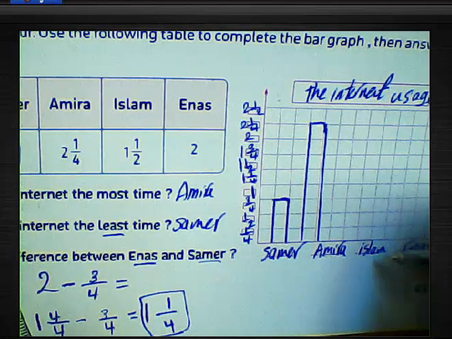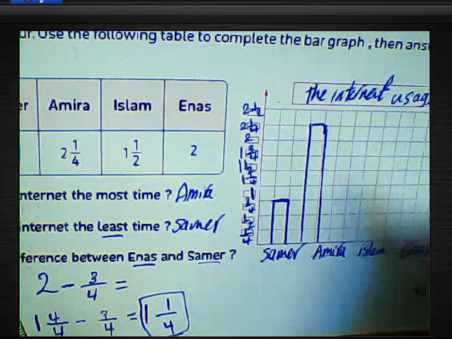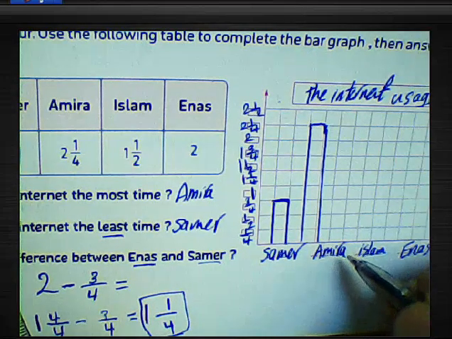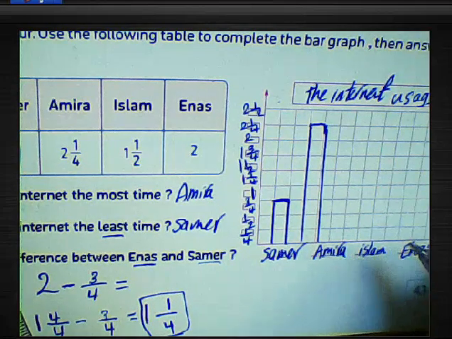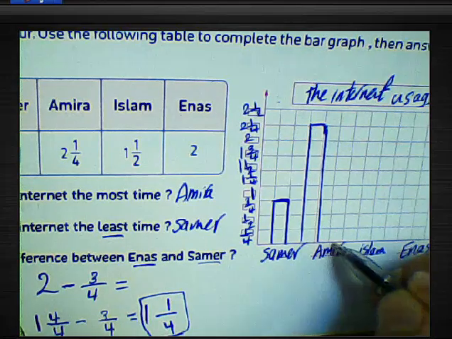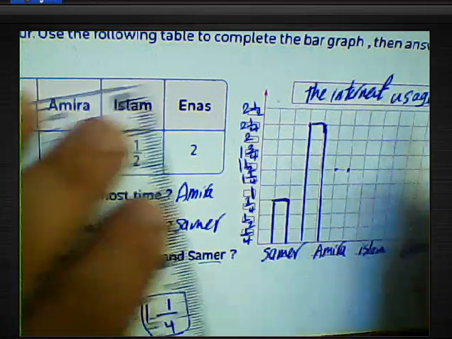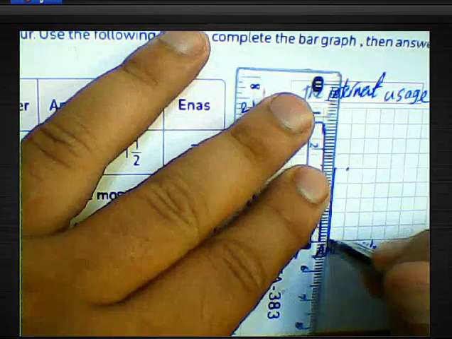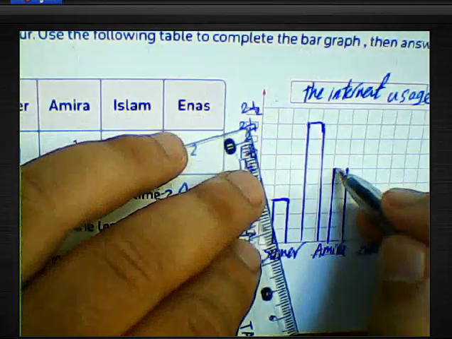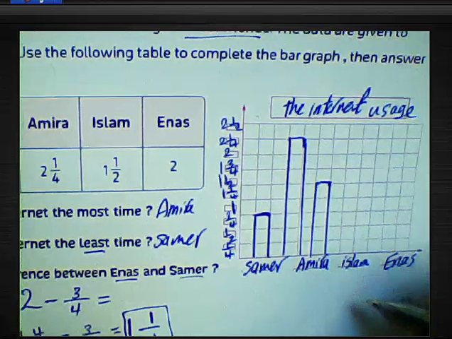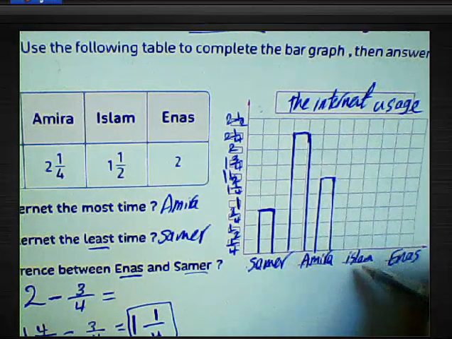And Islam, where Islam 1.5, Islam 1.5, was Islam, and Inas 2.